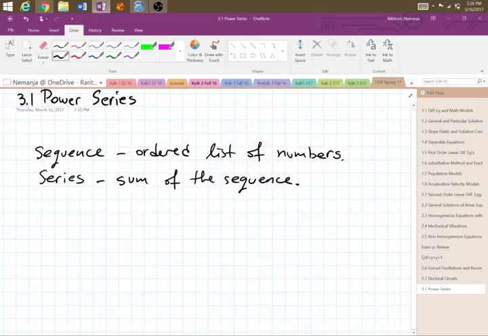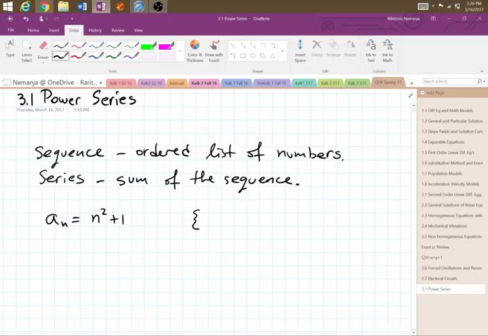So if I say that a_n is equal to n squared plus 1, then we can write the sequence of numbers.